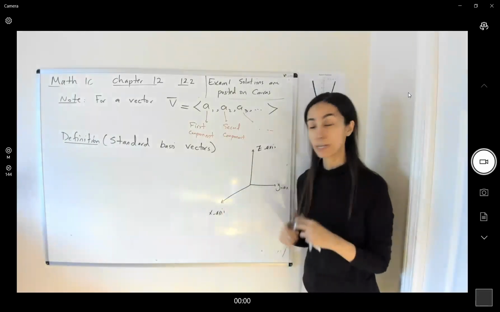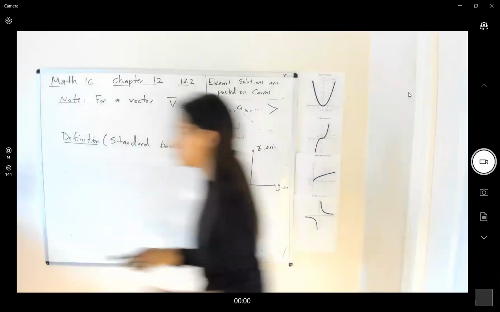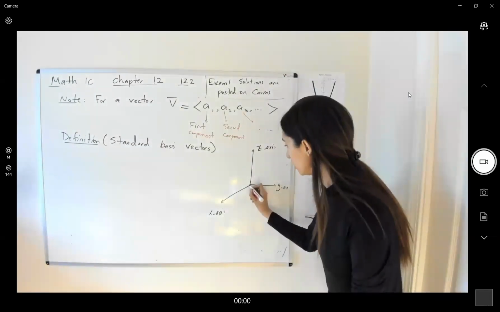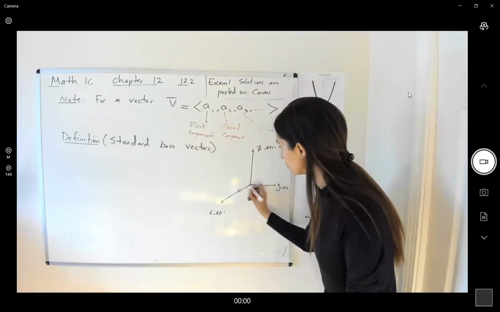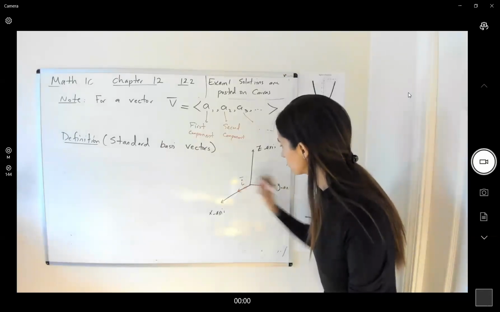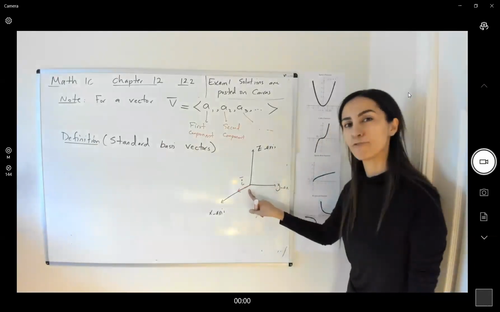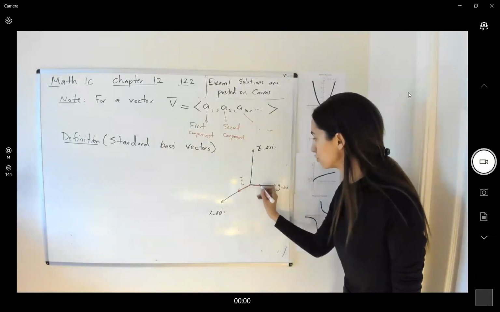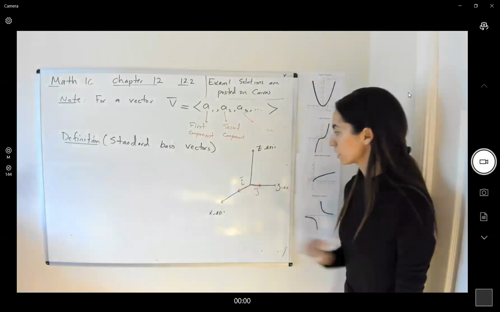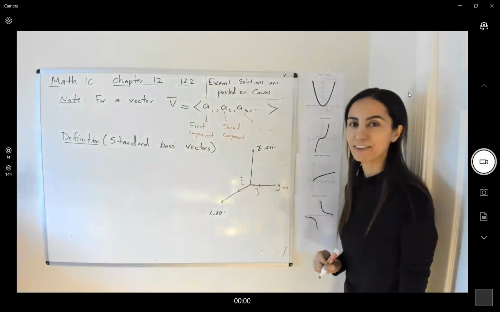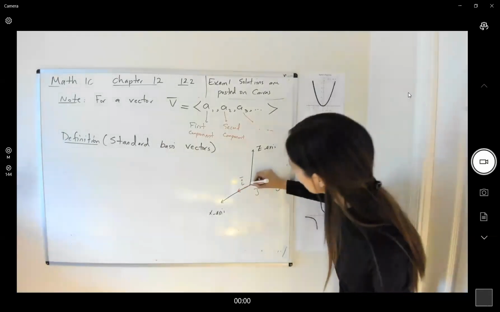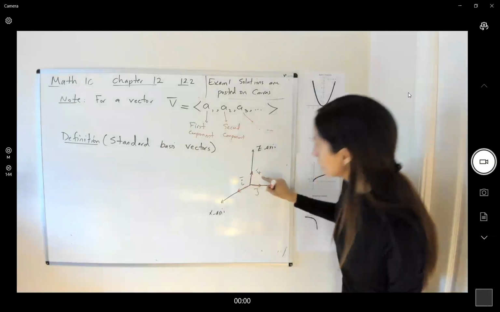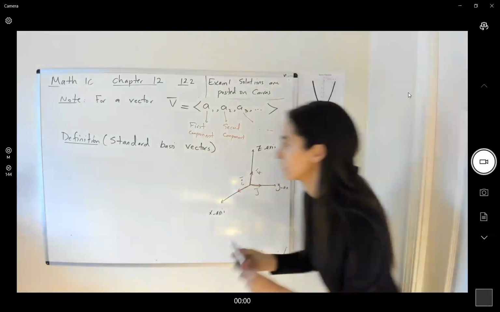To present the direction on x-axis, we use vector i with magnitude equal to 1. To present y-axis, we use vector j with magnitude 1. And for z-axis, we have vector k. i, j, and k. These are all unit vectors.